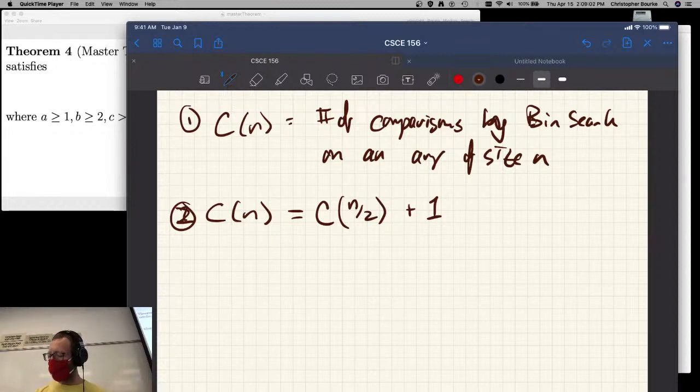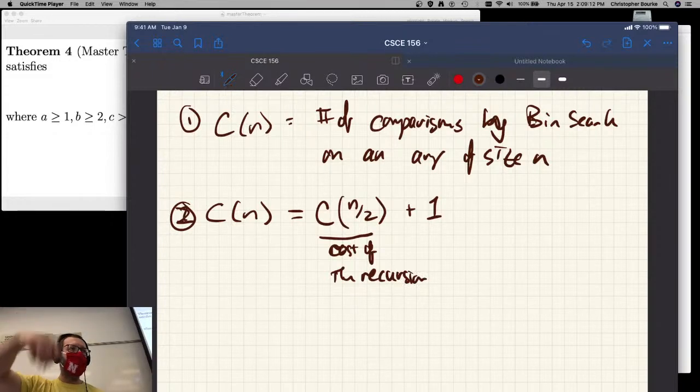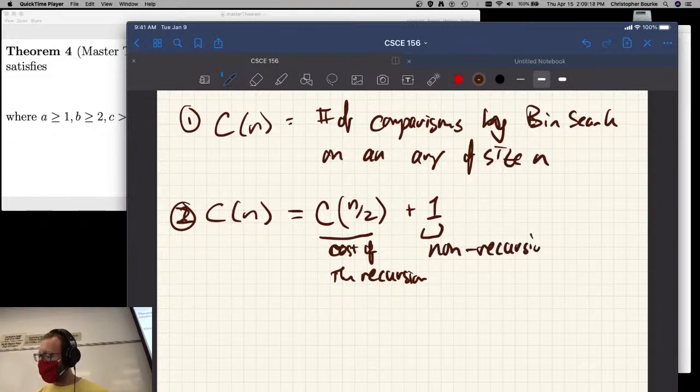Again, this is the cost of the recursion. How many comparisons are you going to make when you go down in the recursion? And this is the non-recursive cost. This is a recurrence because the function C is defined in terms of itself, C.